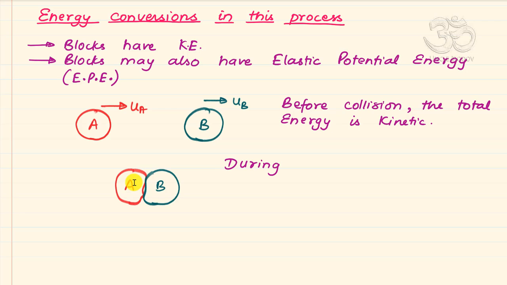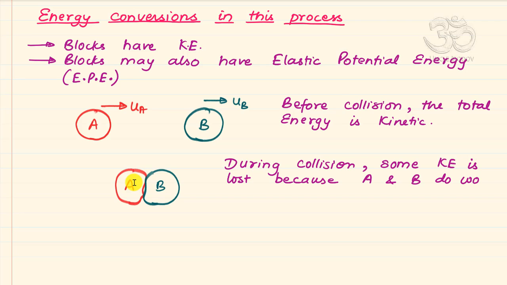during collision. And when I say during, I'm only talking about the time when the two objects are in contact, during that time. So during collision, some KE is definitely lost, because A and B do work in deforming each other.